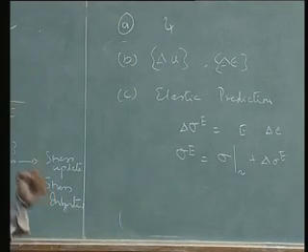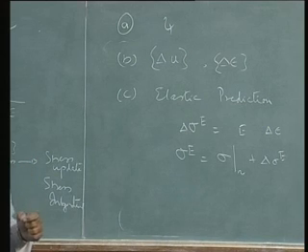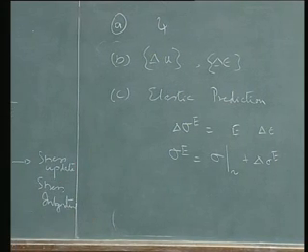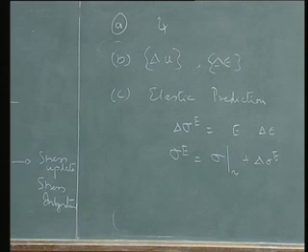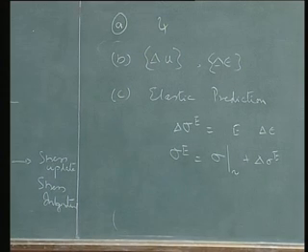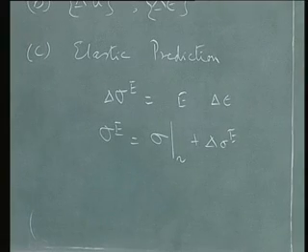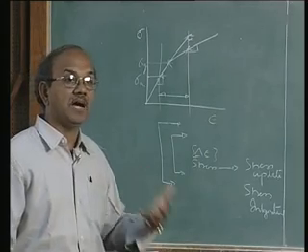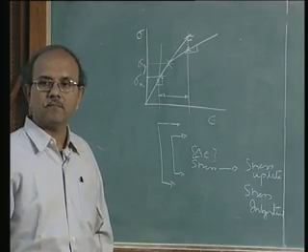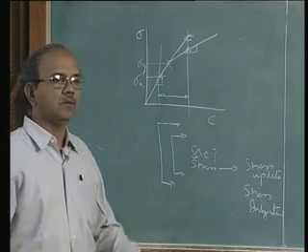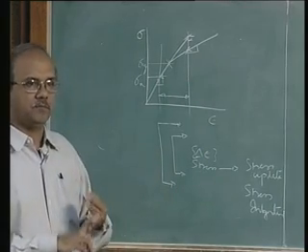Now, there are a number of cases which may happen at this point. What are the cases? Though I have just drawn a figure like that, this may not be the case. This may be one of the cases that may exist. There are many other cases that may exist. Now, there are two things that are possible.